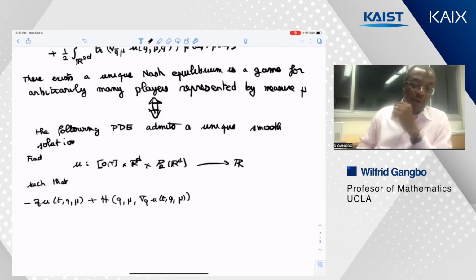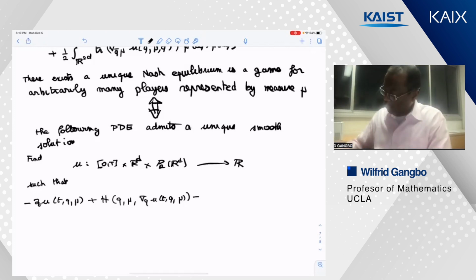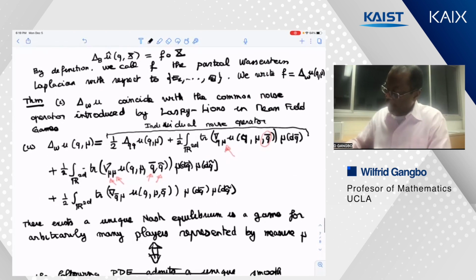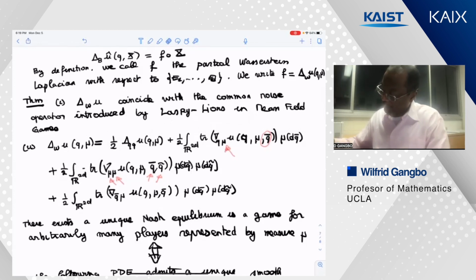So until now, I have written only classical objects, minus beta, the individual noise operator U applied to T, Q, mu, where the individual noise operator is what I wrote here.